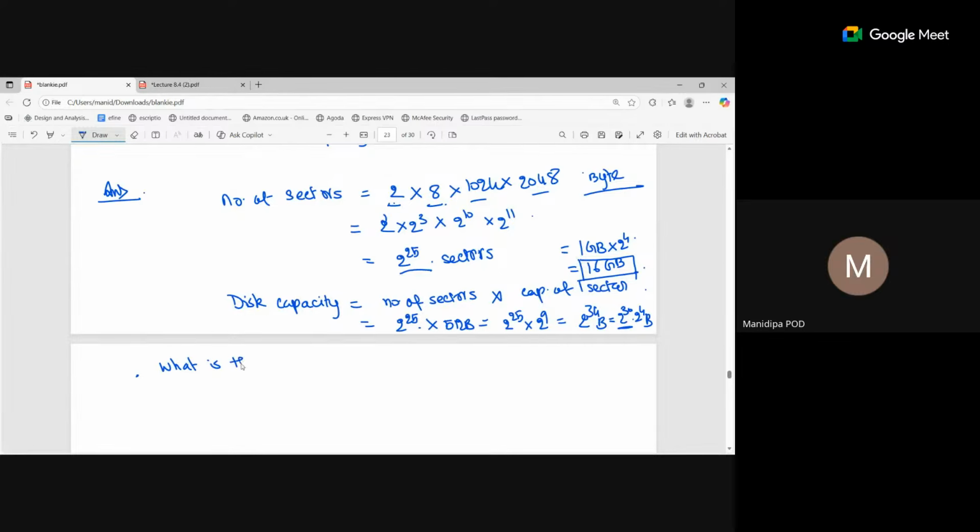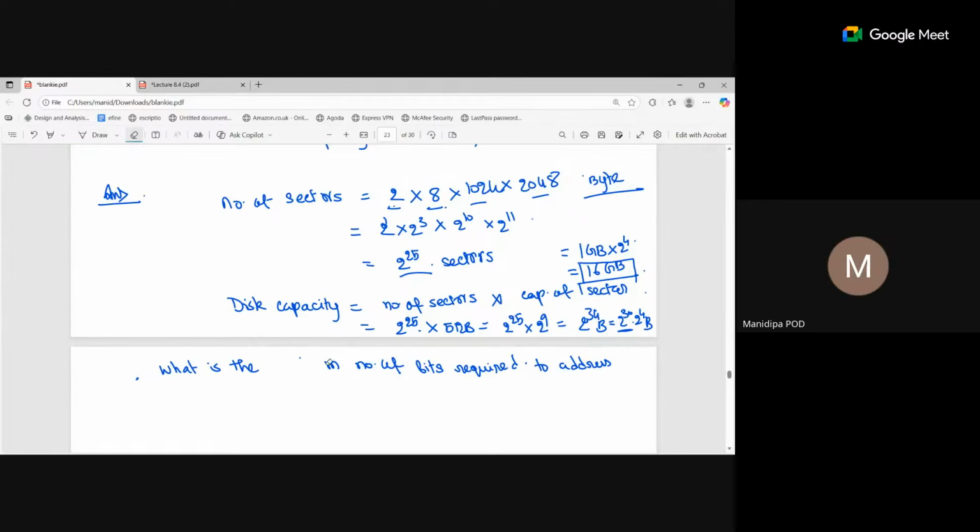what is the minimum number of bits required to address all the sectors uniquely?